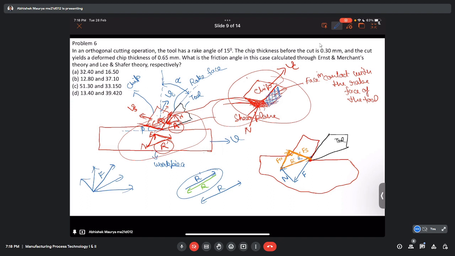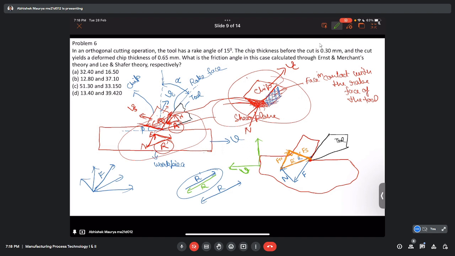So what else are we interested in? We know the direction. This is the cutting direction, so this is V. And what is this direction?